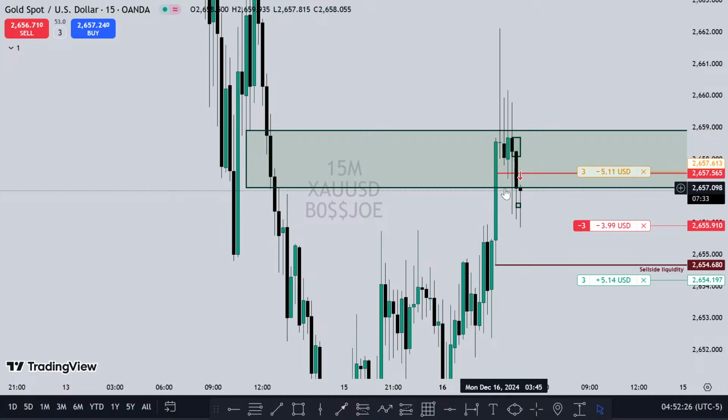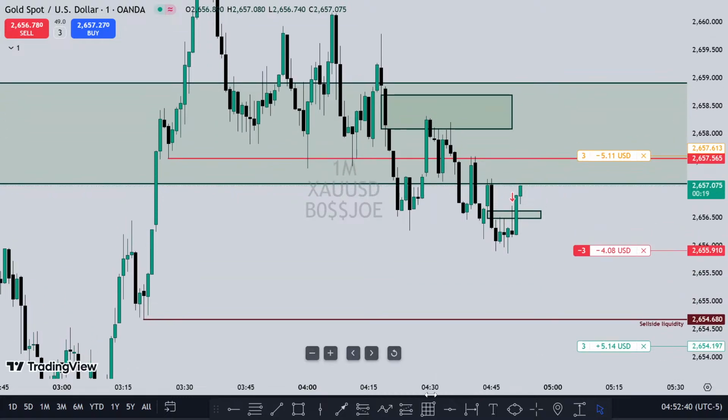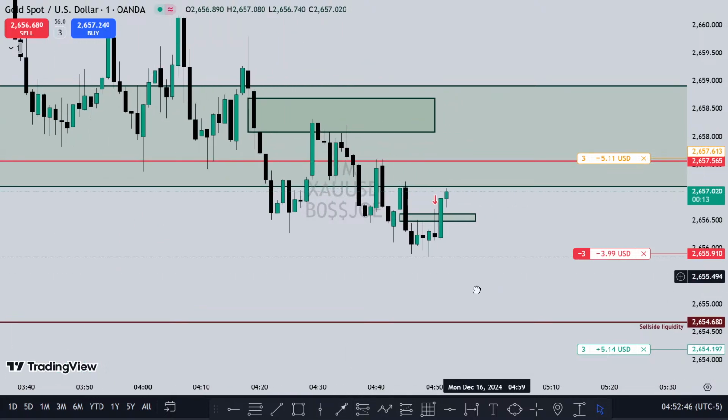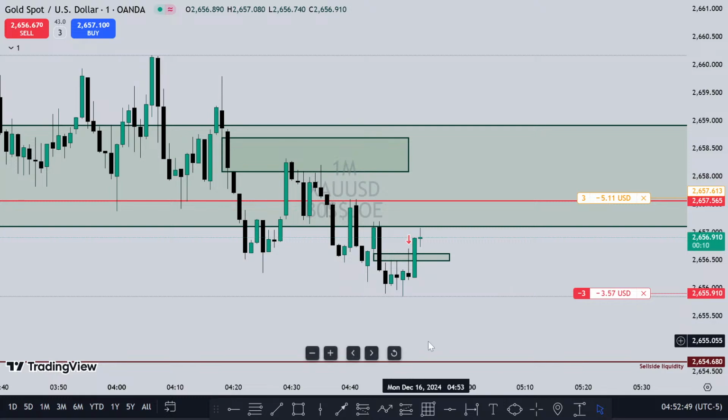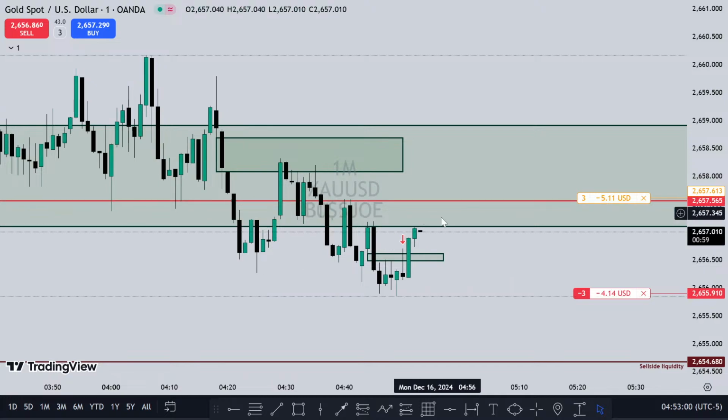So I really wanted to see it disrespected because of this 1 hour fair value gap, but from the look of things, let's just see what will happen. Okay, so if it disrespects it, it means it's using that 15 minutes fair value gap to at least clear this high.